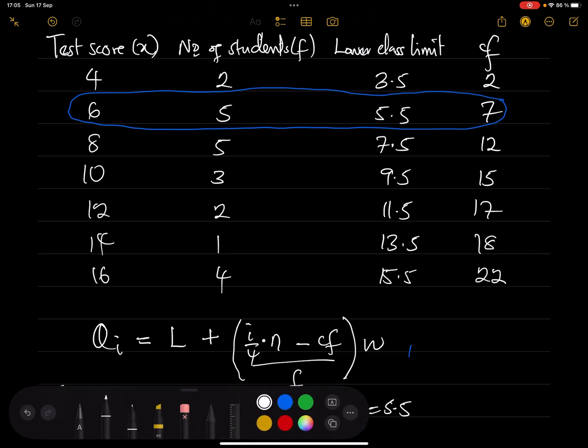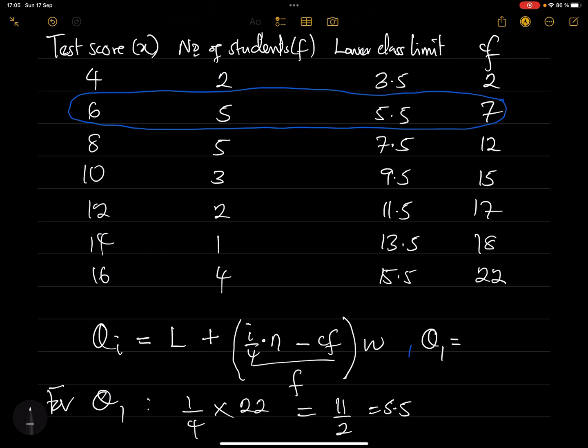Our Q1 will now be the lower class limit of the location of interest. This is 5.5, lower class limit, 5.5. Plus, open a bracket, i over 4 times n, we've got it to also be 5.5, minus CF, the cumulative frequency of the class before the location of interest.